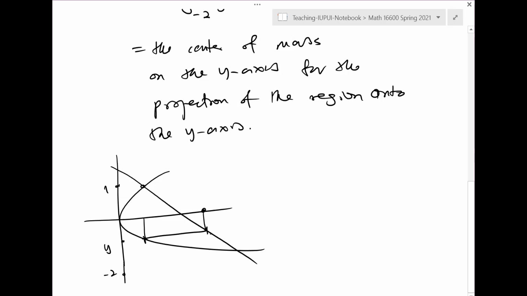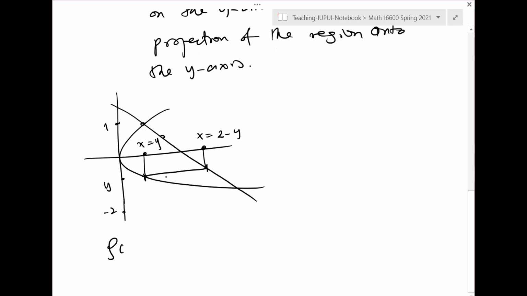For the same y, this x is going to be 2 minus y, and this x will be y squared, right? So the difference, the length of this at this point, is going to be 2 minus y minus y squared.